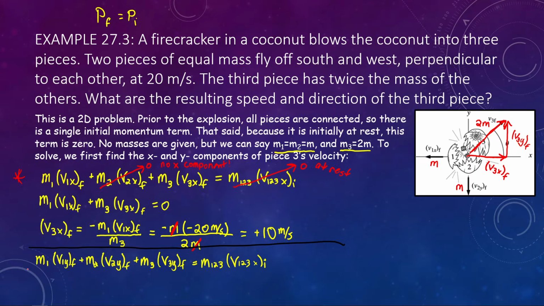Okay, well again, we can see things go to 0. Initially, the coconut is at rest, so this term goes to 0 because it is again at rest.